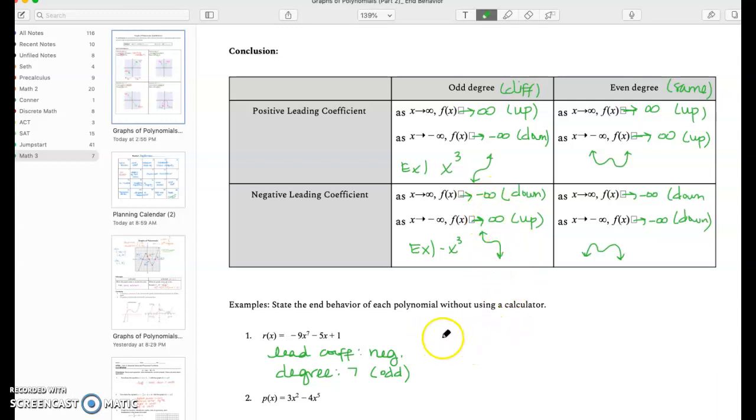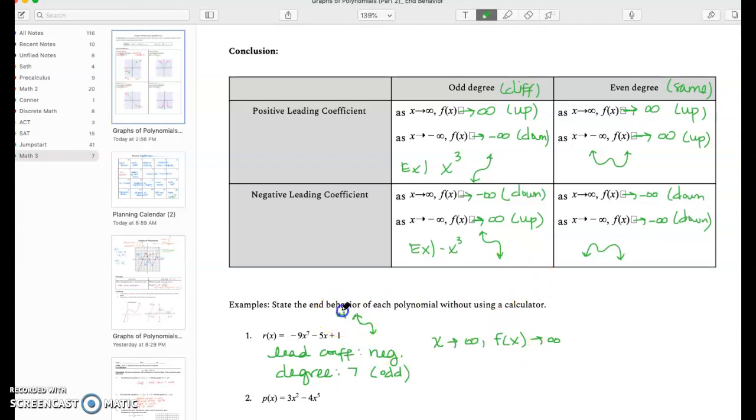So this is going to be approaching negative infinity. And you could even, if you needed to, sketch a picture of that cubic. And just remind yourself, okay, even though it's a 7th degree, it's going to have the same end behavior as that cubic because they're both a negative leading coefficient with an odd degree.